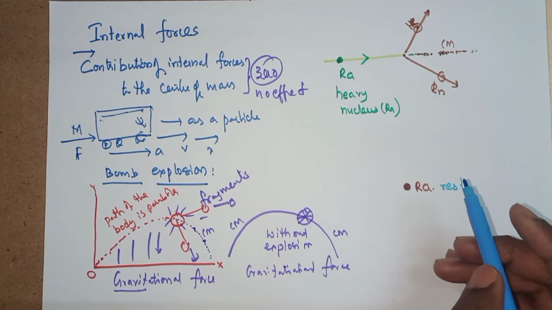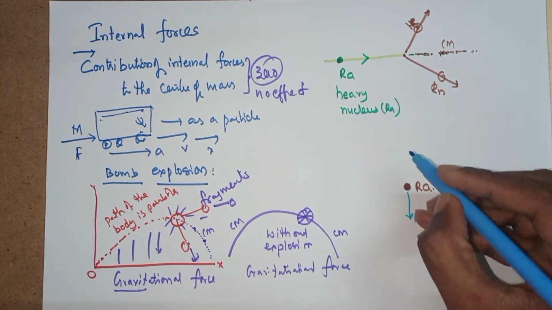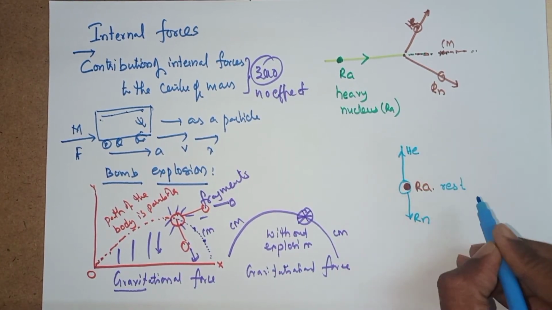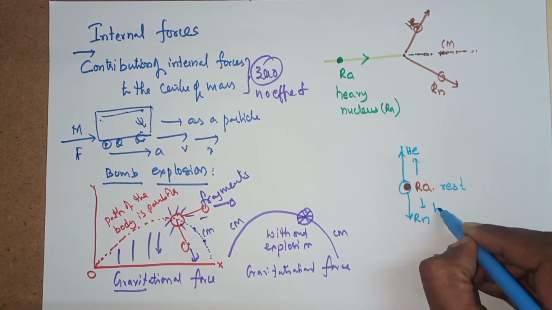What is happening here? This is radon and this is helium. Still the center of mass is at rest. They will be going back to back.